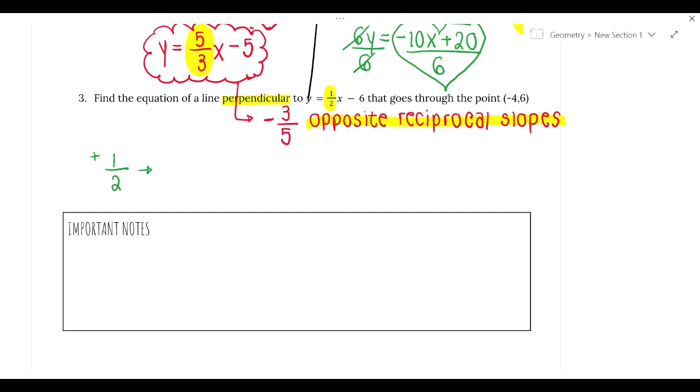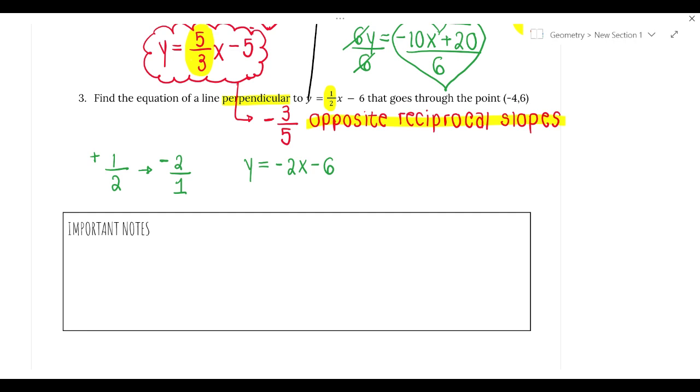So from positive 1/2, we're going to have negative 2 over 1. So I'm changing my signs from positive to negative, and I'm flipping this fraction from 1/2 to 2 over 1. Okay, so my new equation should look like y equals negative 2 over 1, or just negative 2x minus 6.